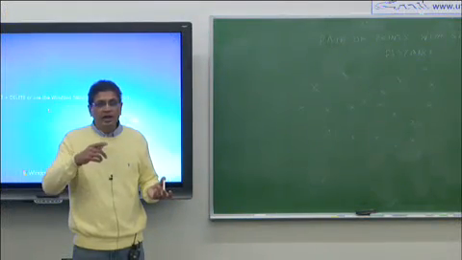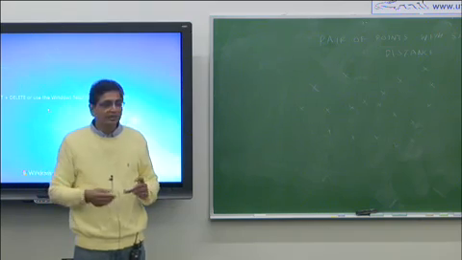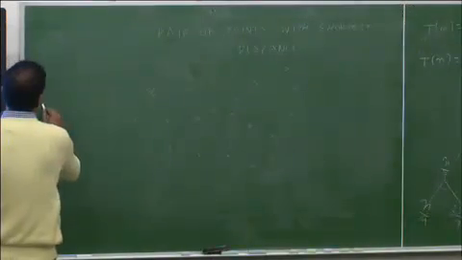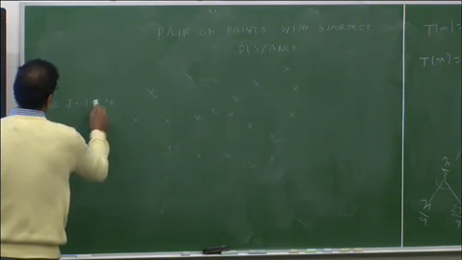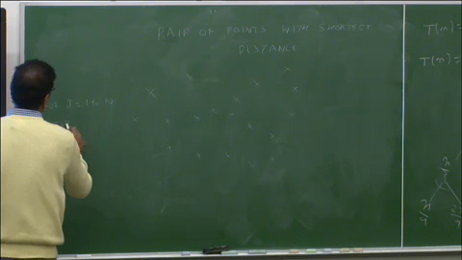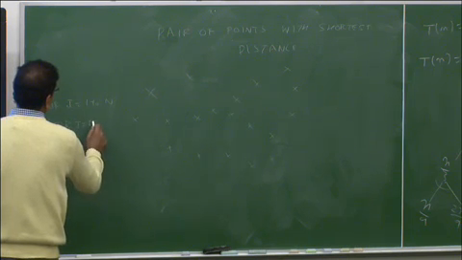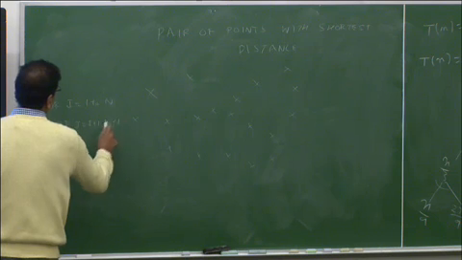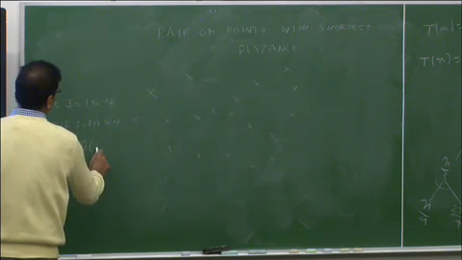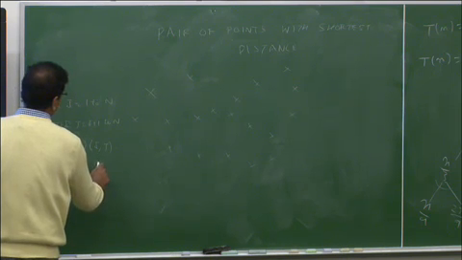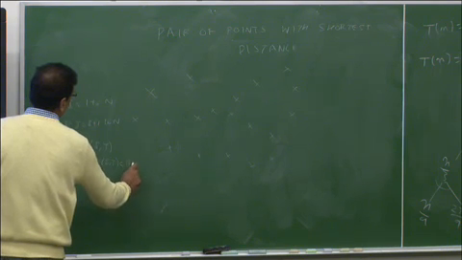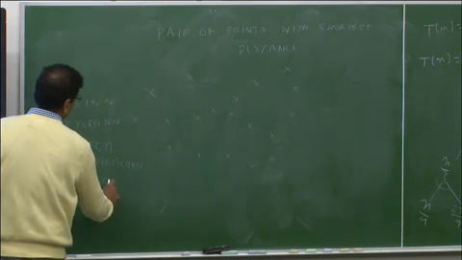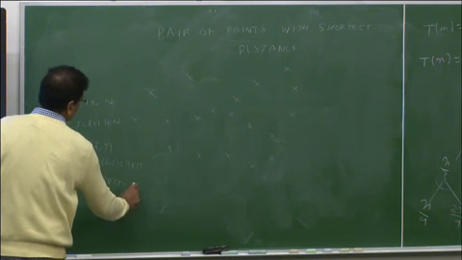So you do for i equal to 1 to n, for j equal to i plus 1 to n, compute dij, and if dij is less than best so far, then best becomes equal to dij.